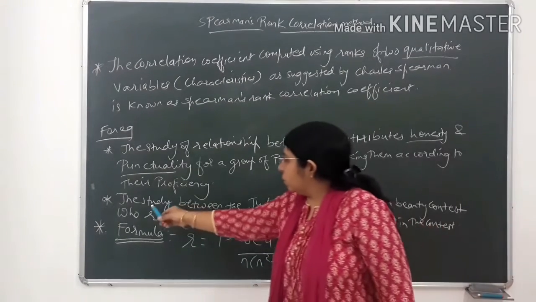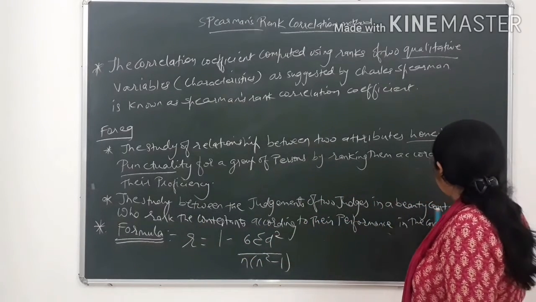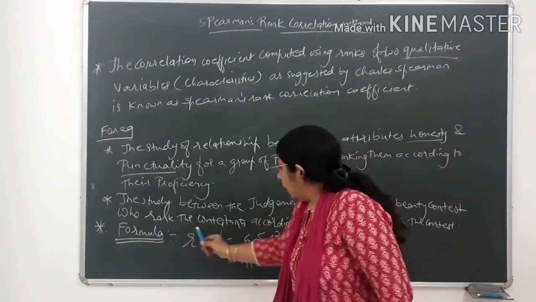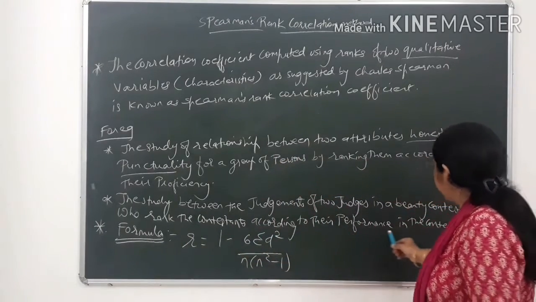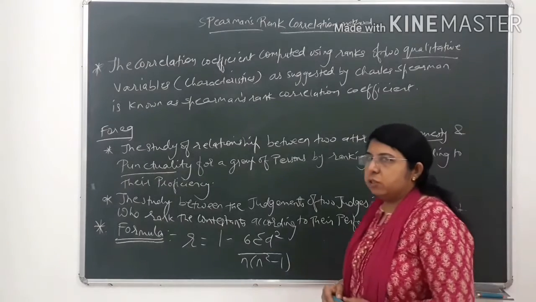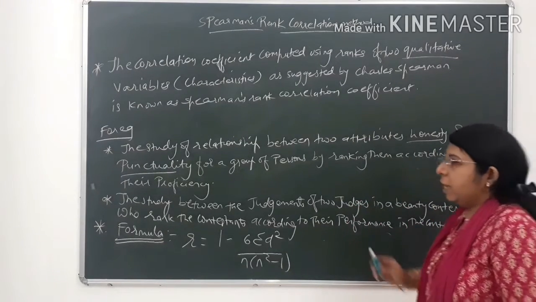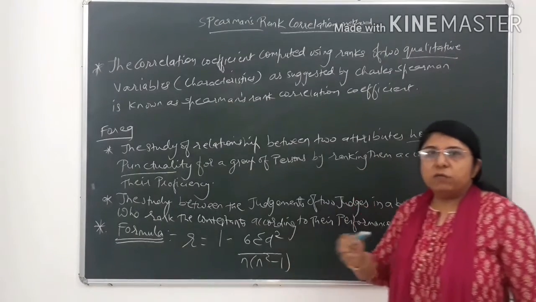The next example is the study of the judgments of two judges in a beauty contest who rank the contestants according to their performance in the contest. There are two judges who give judgments in a beauty contest on the basis of giving ranks.